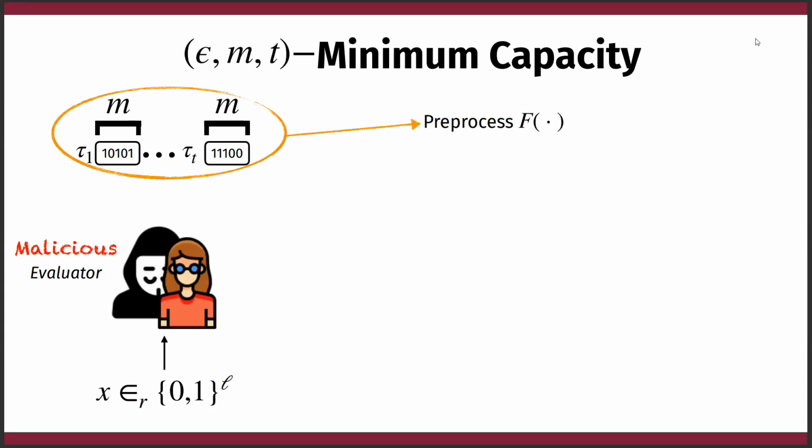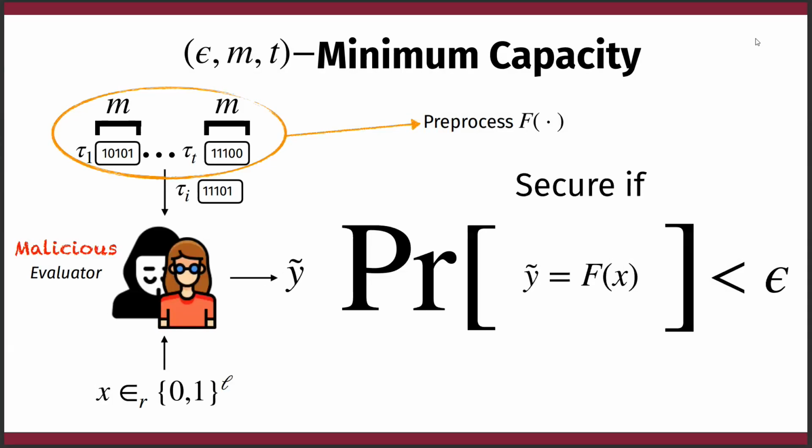Now you get a random point and you can read one of them. You compute the output. We say that the function is secure if the probability of getting the correct output is at most epsilon. And this is nice because, if you have an upper bound on t, then the only way to compute the function is to read something greater than m. That's what we want to prove.